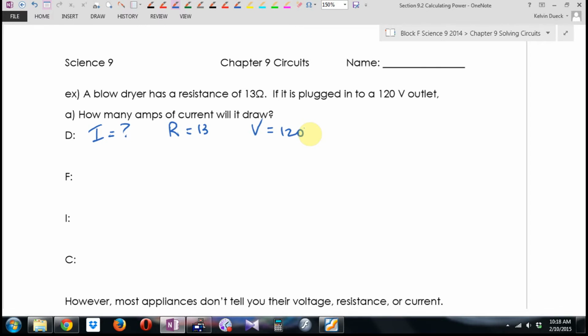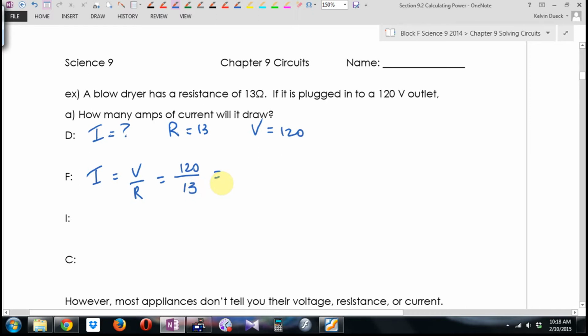But for now, I'm looking for an equation that's got I, V, and R and has the I by itself. I equals what? V over R, which is going to be 120 divided by 13.